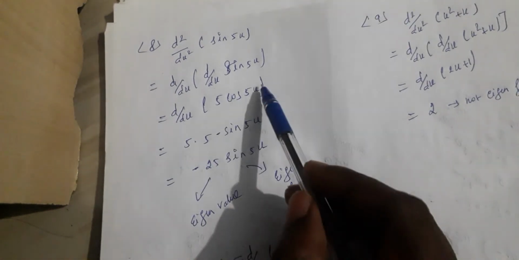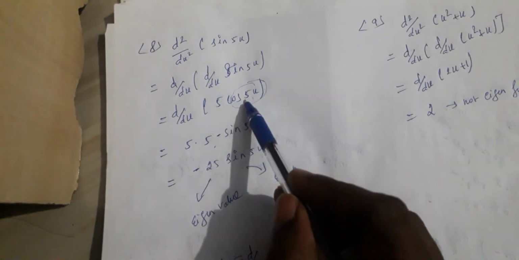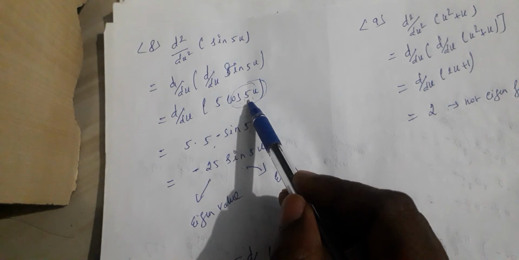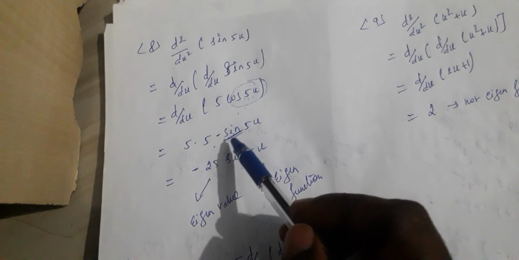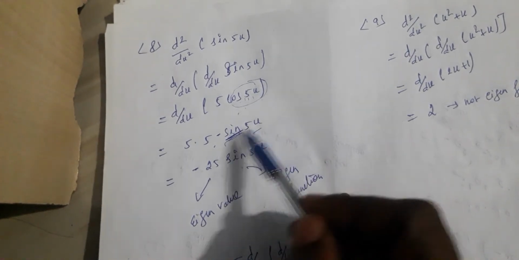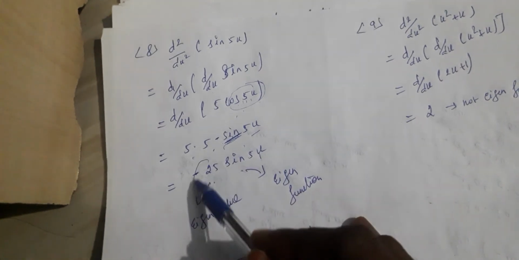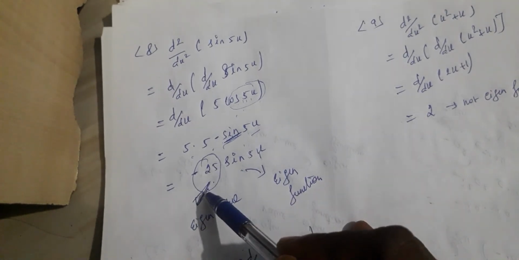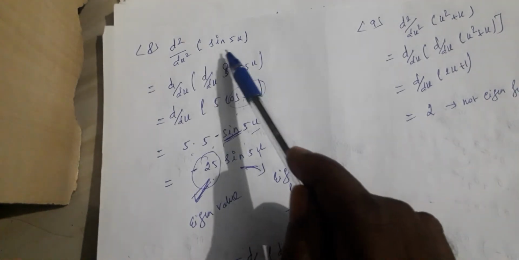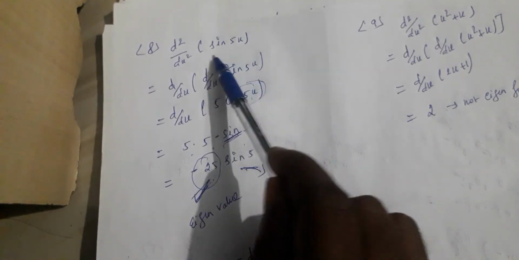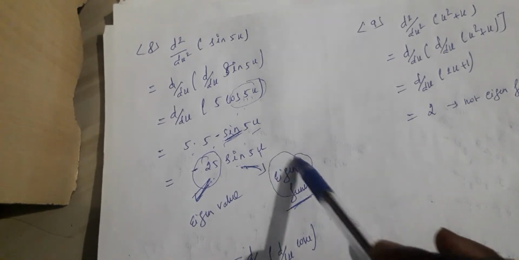If you differentiate cos 5x, cos x differentiated gives minus sin x, and then the remaining 5x. So 5 into 5, 25, and then sin 5x. So 25 is the eigenvalue, and sin 5x is the eigenfunction. See, sin 5x is the eigenfunction, and the result is also sin 5x. So the same eigenfunction we are getting.